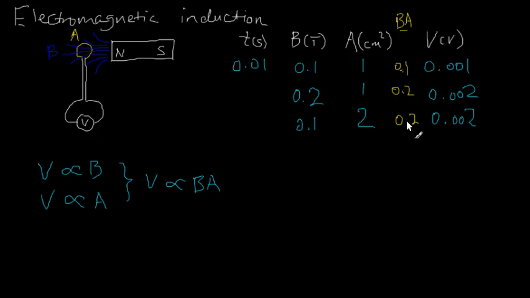If I go from 0.2 to 0.2, then BA is 0.2 to 0.2, and you see that the V does not change.